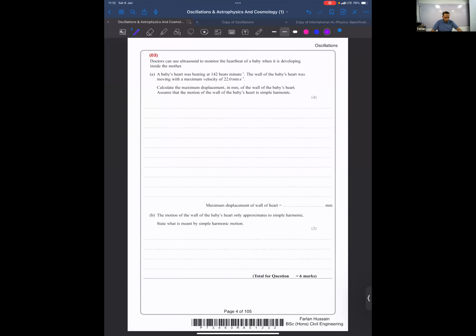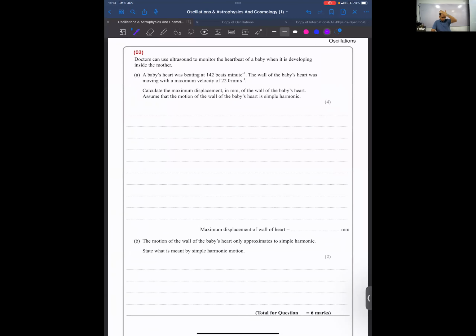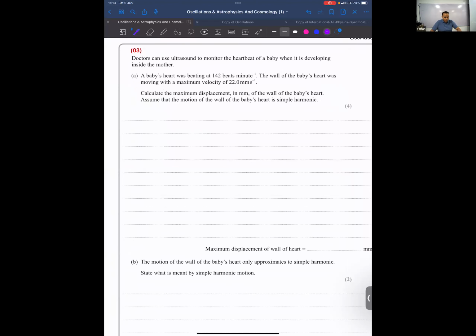Question 3, page 4. Doctors can use ultrasound to monitor the heartbeat of a baby when it is developing inside the mother.